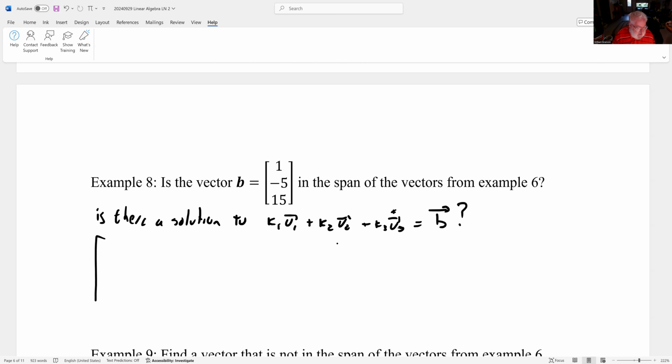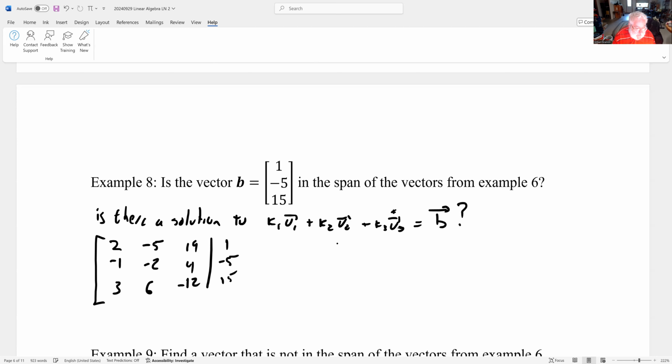So again, now this becomes a matrix where we put our three vectors V1 and V2 in a matrix. Minus 6 is V2, 19, 4, minus 12. And we say, okay, so this is 1, minus 5, 15.